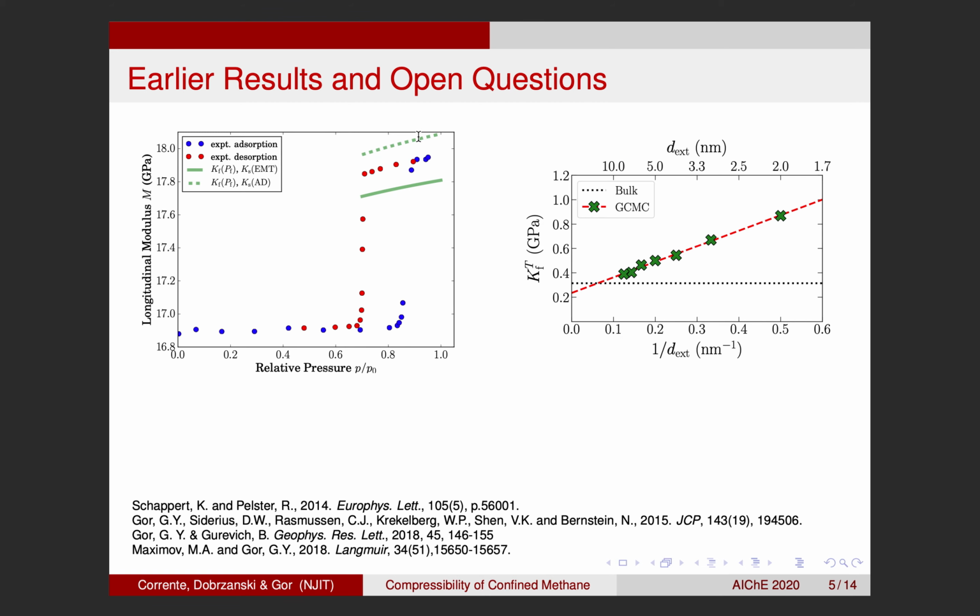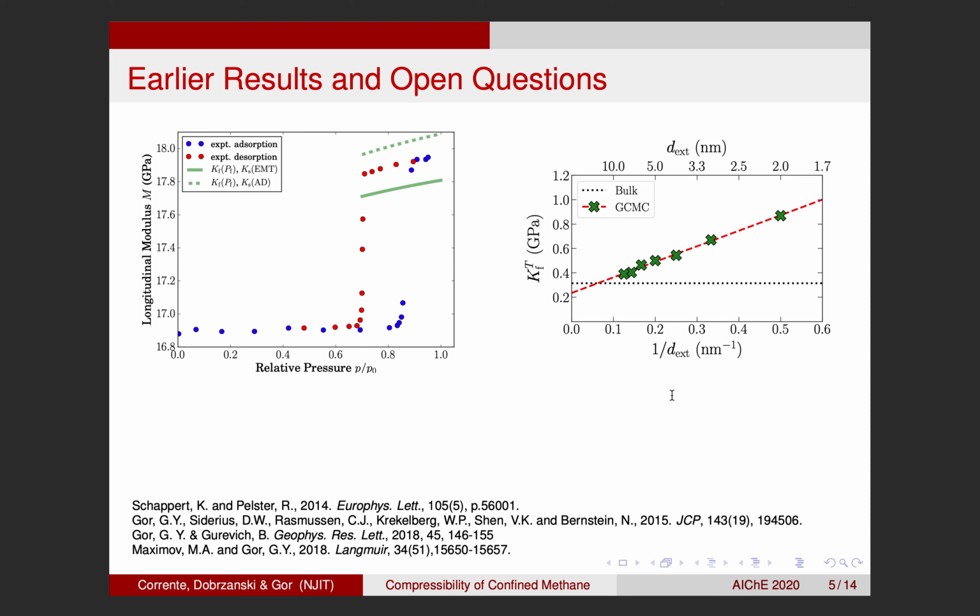Furthermore, the simulation showed another interesting trend, and this is the data for nitrogen adsorbed in silica pores of different pore sizes. As you can see here, the modulus of liquid nitrogen in the pores exceeds that dotted line, which is the modulus of bulk liquid nitrogen, while the crosses here represent the moduli in the pores of different sizes. Furthermore, the dependence on the pore size is very simple.